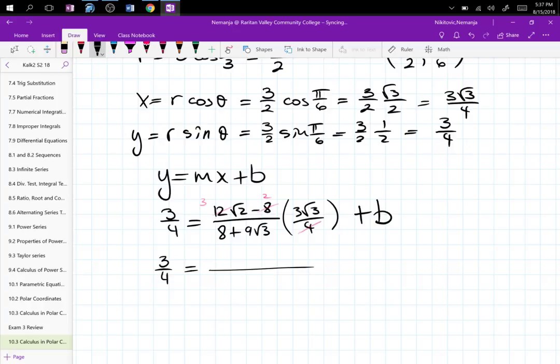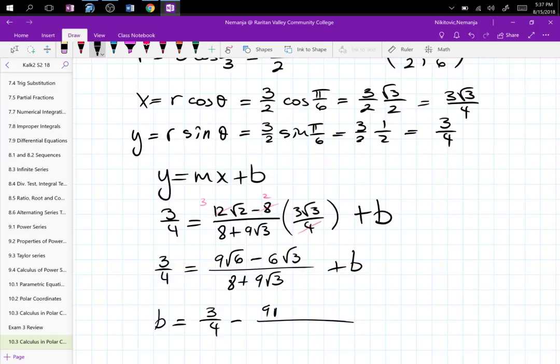So that's 3, so that's 9 root 6 minus 2 times 3, 6 root 3, divided by 8 plus 9 root 3, plus b. There we go. So b is equal to 3/4 minus 9 root 6 minus 6 root 3 over 8 plus 9 root 3.